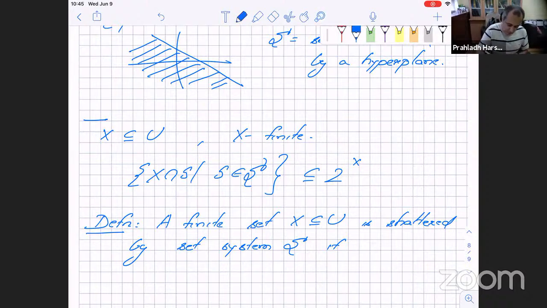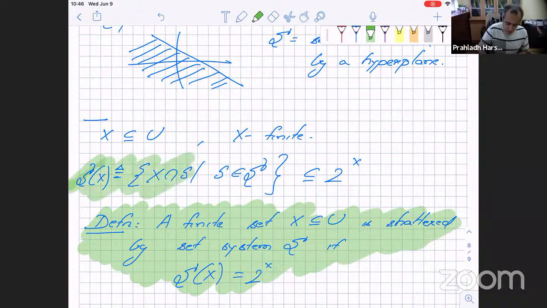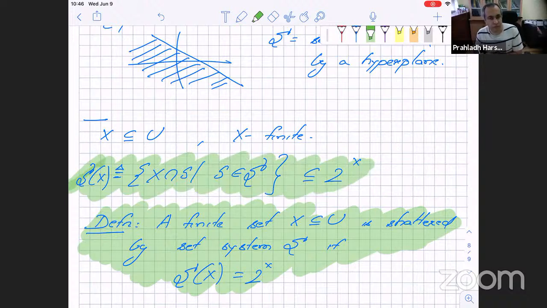So let's define S_X to be the intersection of X with the sets of S. X is shattered if S_X equals 2 to the power X.